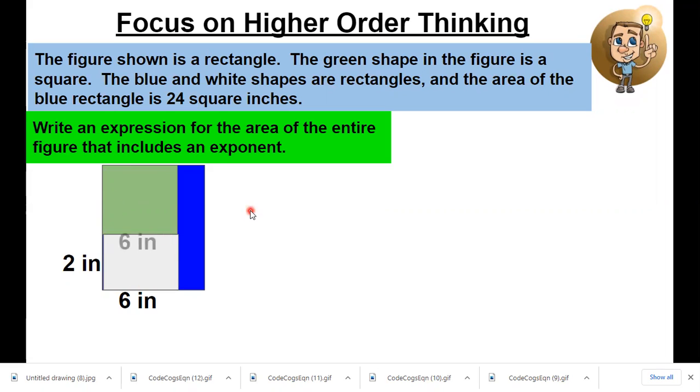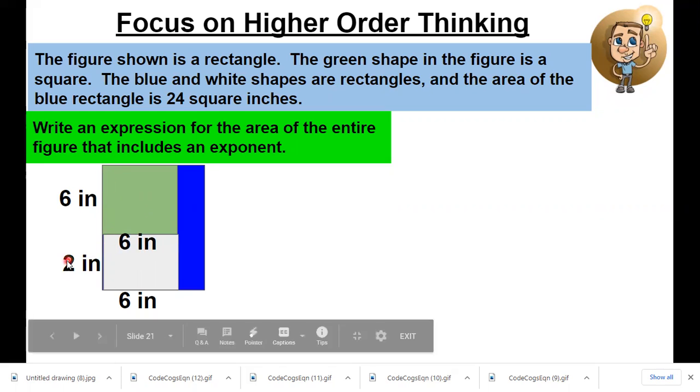And since the first one is 6, a square by definition has the same length on all of its sides. So then we can tell that this side is also 6. So now we can find the area of the green square by multiplying the length 6 times the width of 6. We can find the white rectangle by multiplying 2 times 6.